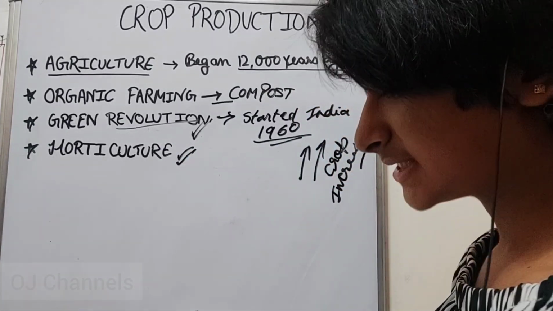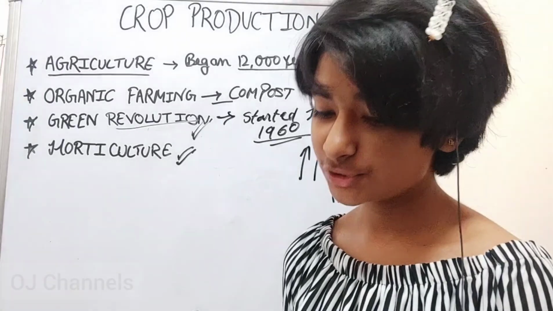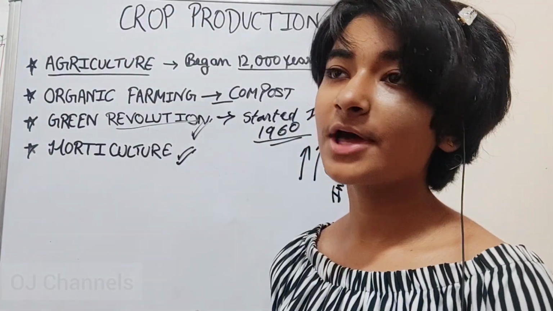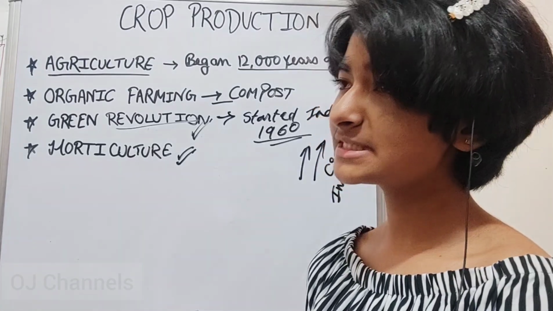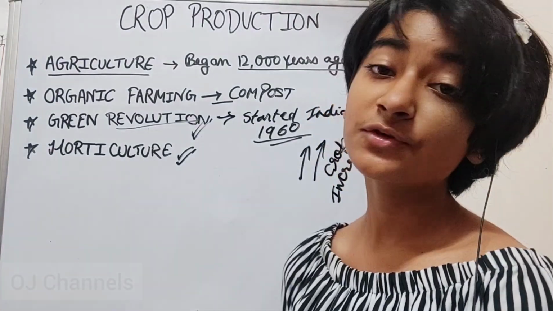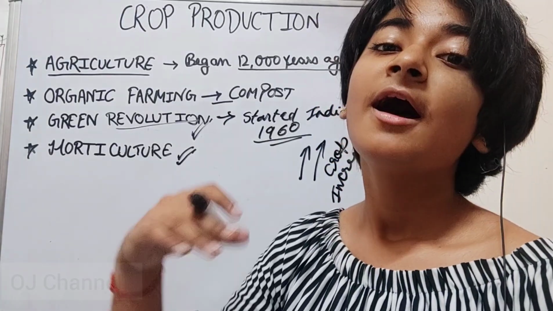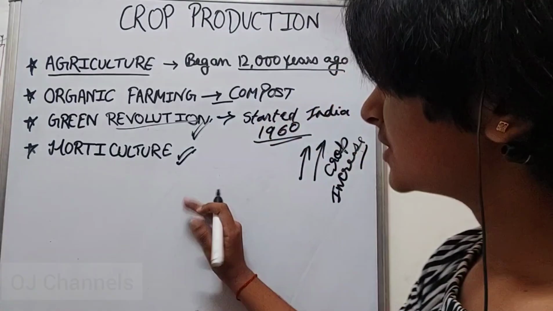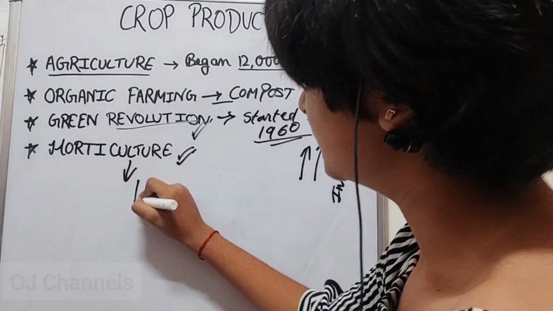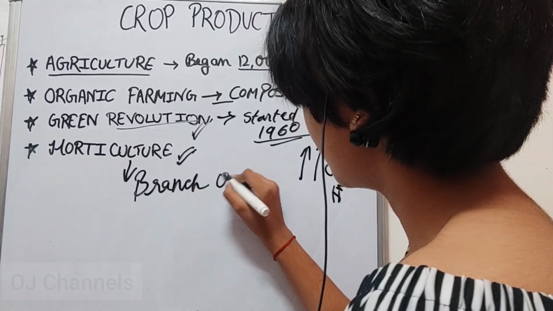Horticulture is similar to agriculture, but ये एक agriculture की branch है जो deal करती है production of vegetables, fruits, rearing of animals. So in simple words, it is a branch of agriculture that deals with production of vegetables, fruits, decorative flowers, and it is just a branch of agriculture. एक सिंपल वे में अगर हम इसे लर्न करें तो ये है ब्रांच ऑफ एग्रीकल्चर.